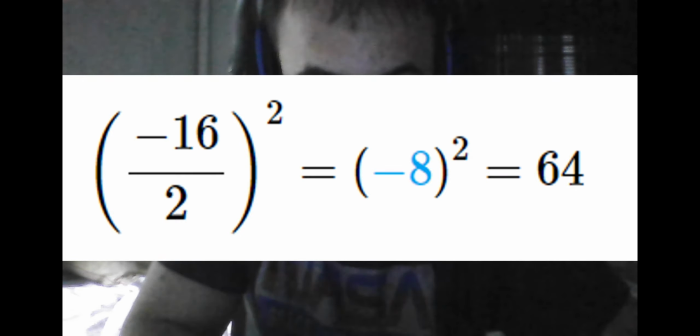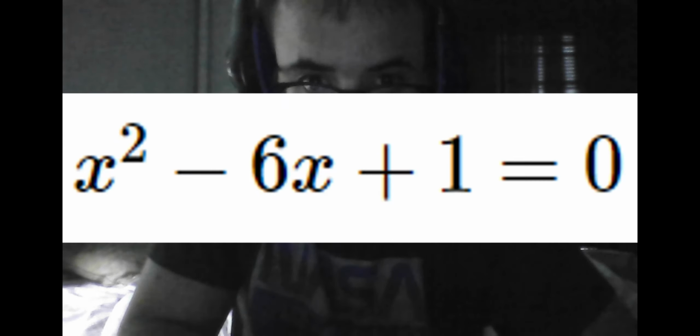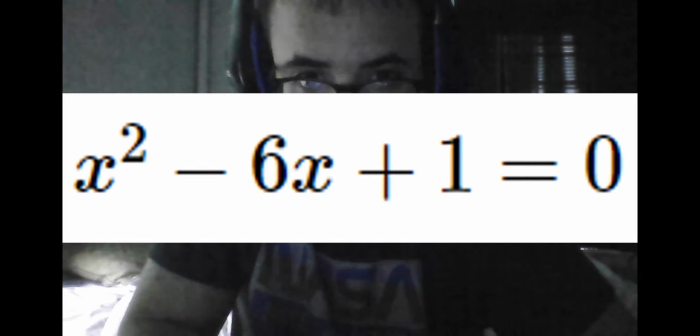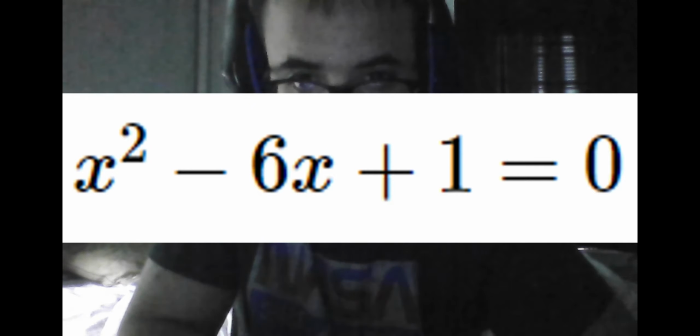So now that we know how and why completing the square works, we can use it as another method for solving quadratic equations. As in this example, we see that factoring or using the square root property may be tedious or not even give us an answer at all. So we will use completing the square for something complicated like this.